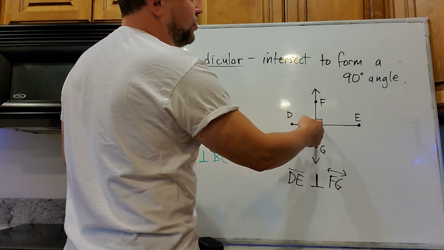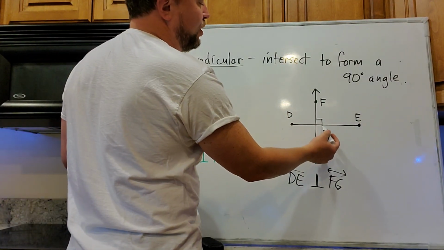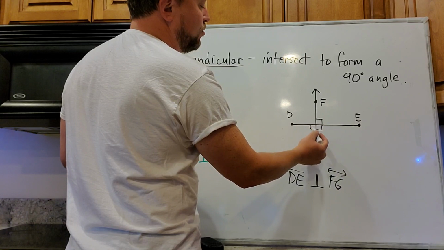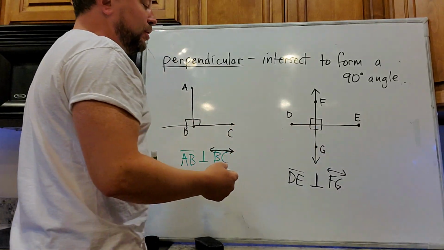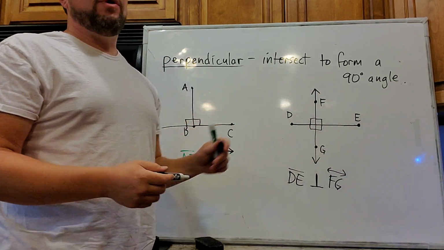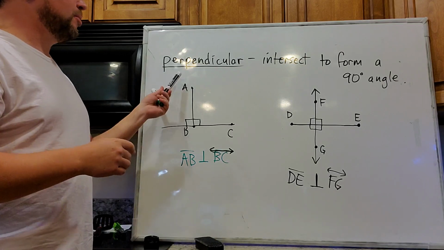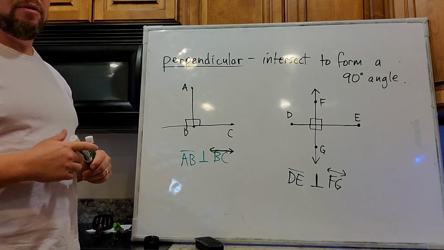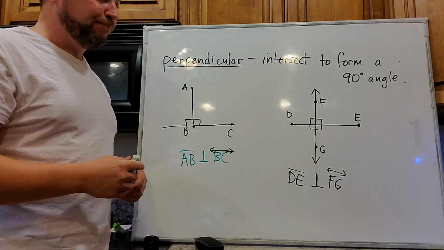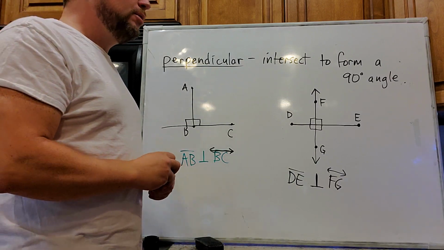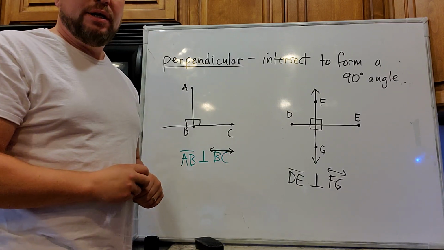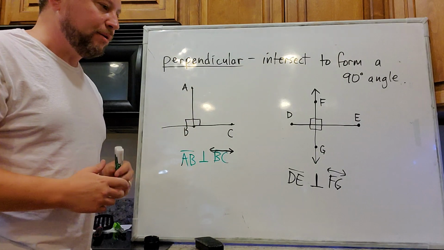And in this picture, I hope you can see I have not just one, but 2, 3, 4 of them. But again, all it takes is one 90-degree angle to say they're perpendicular. Okay, but there may be more than one right angle. Okay, so that's what I wanted to start off things with, is a definition of perpendicular.